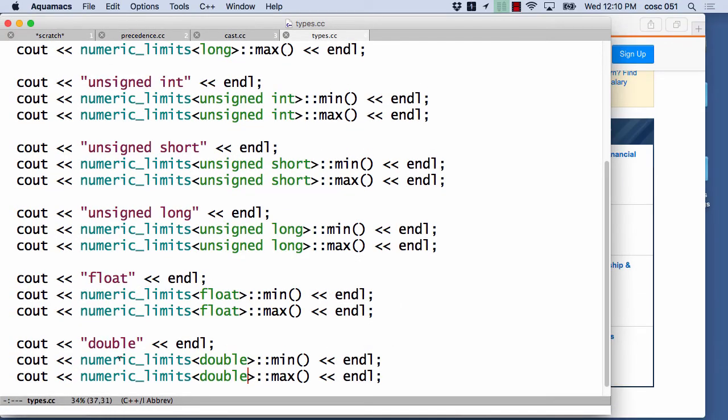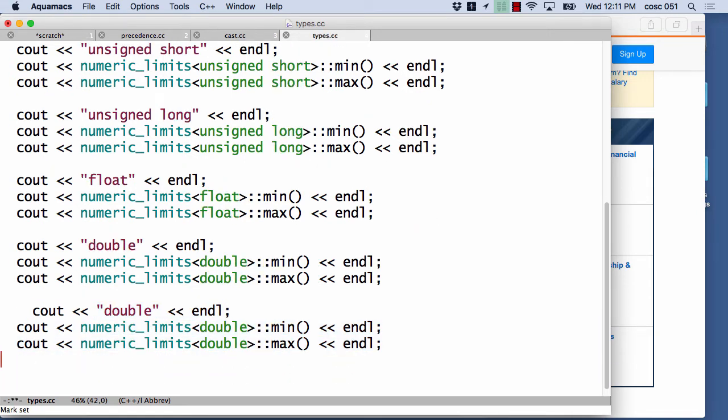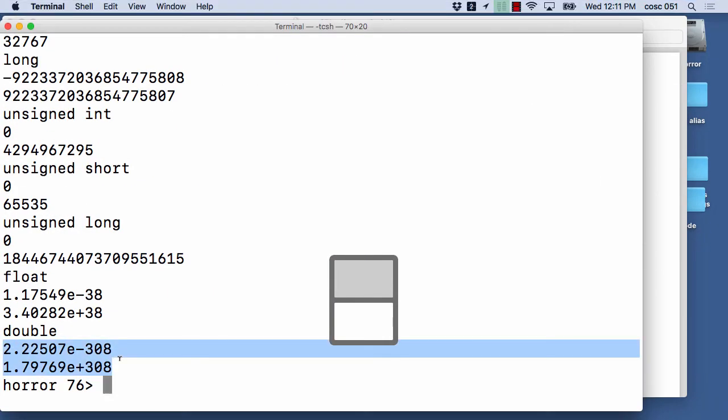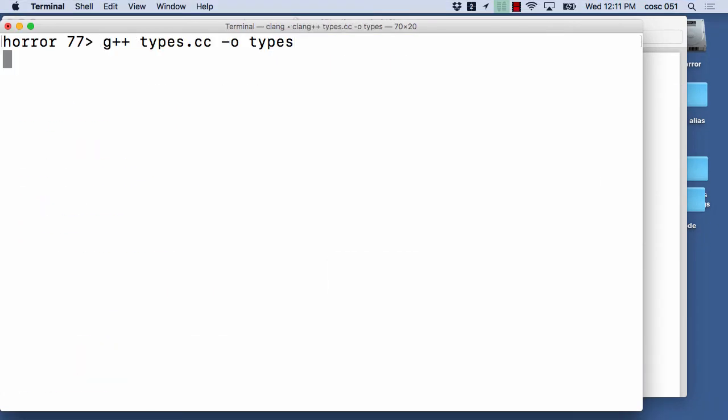All right, so those are the sizes of things. Let me just see if there's anything else. All right, there's one more that we can do, and we'll see if this compiler supports it. I think it will because it's part of the language spec. If that is not enough precision for you, you can use what's called a long double. And a long double is going to have lots and lots of decimal places available.